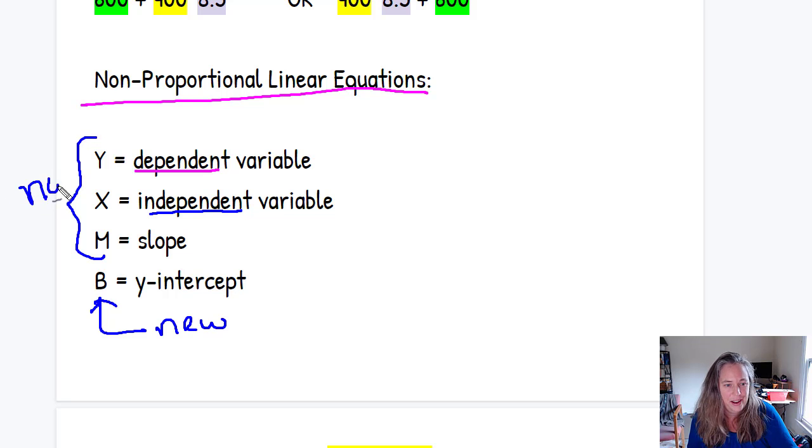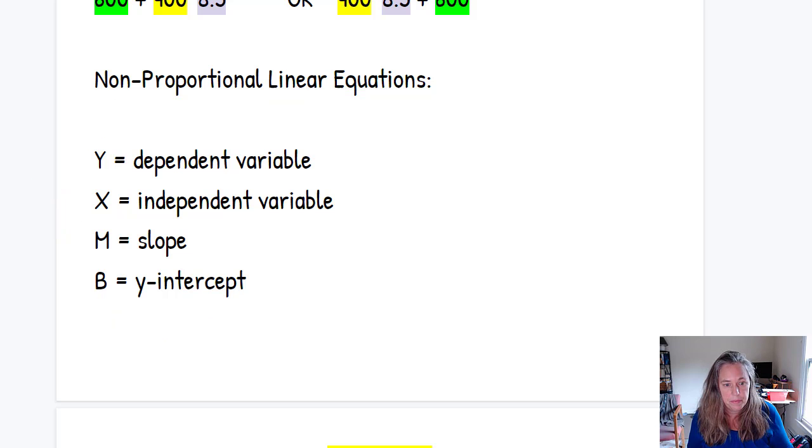Y being the dependent, x being the independent, m being the slope. Those are all old concepts. B being the y-intercept is new. People have always asked me, why is b the y-intercept? I have done research on it and not found the answer. You can pause until you've got this, and I'm going to keep going.